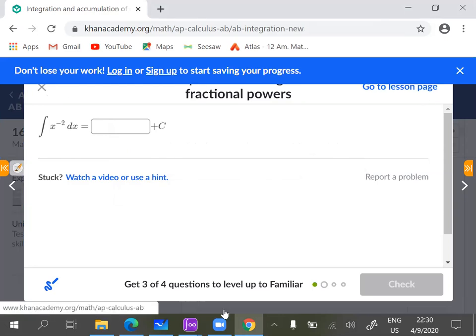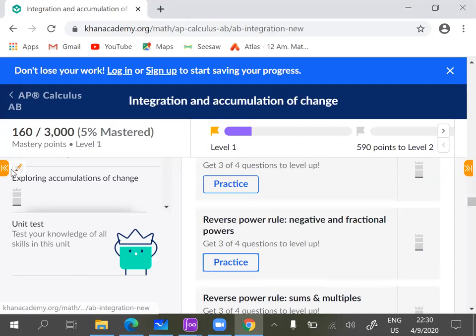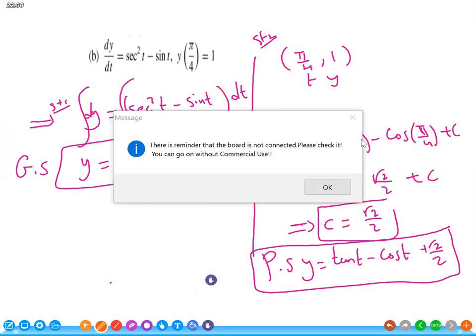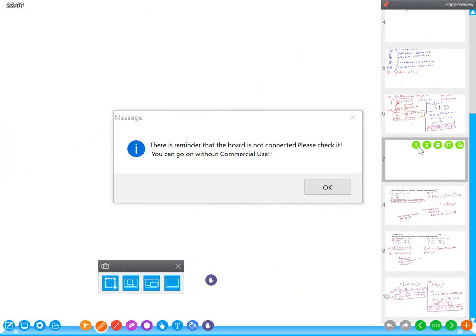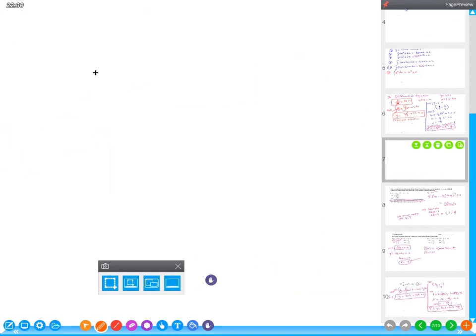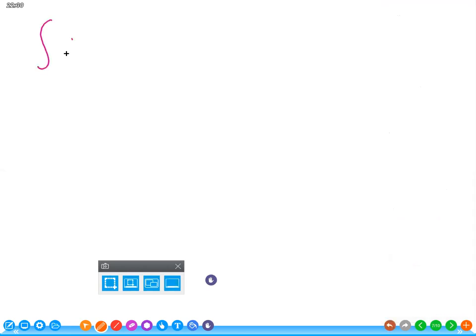I will show here more practice on the E-class to be sure about how to rewrite and to add 1, two special rules. I like my students to know it also here. The integration, if we have x to the power minus 3 dx, it's x to the minus 2 over minus 2.